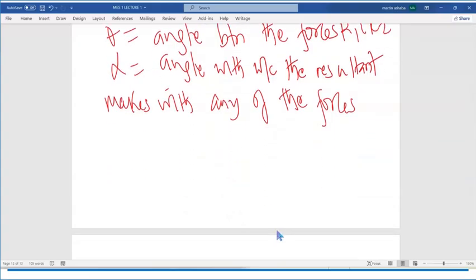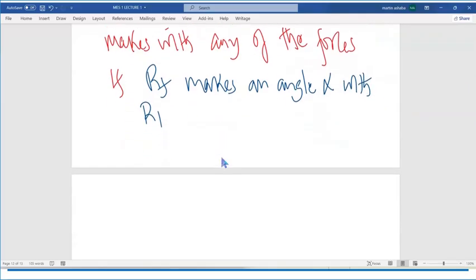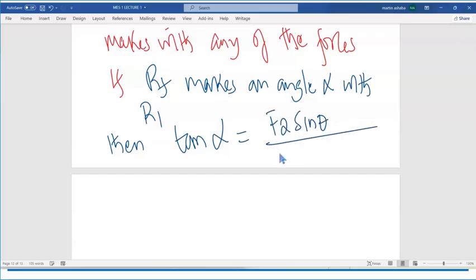So if RF makes an angle alpha with R1, then tan alpha is equal to F2 sine theta divided by F1 plus F2 cos theta.